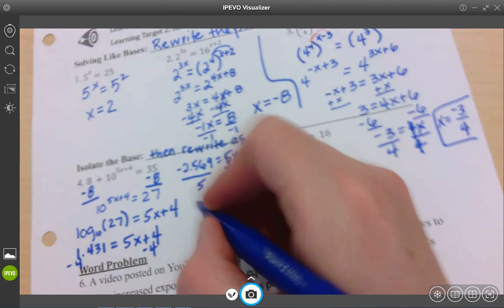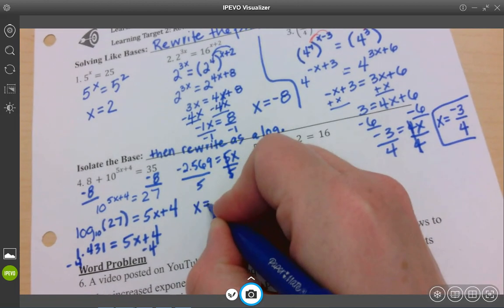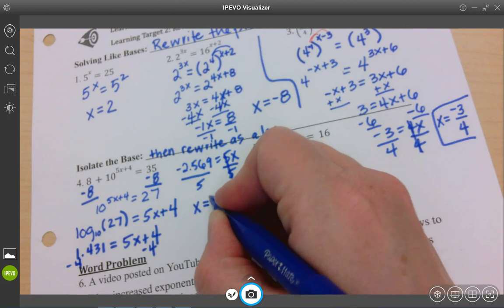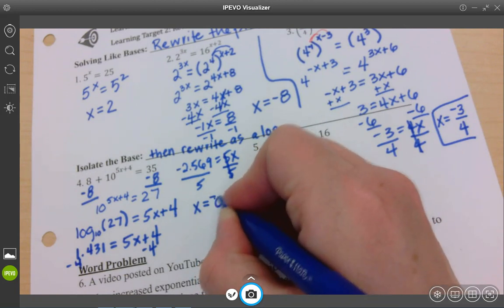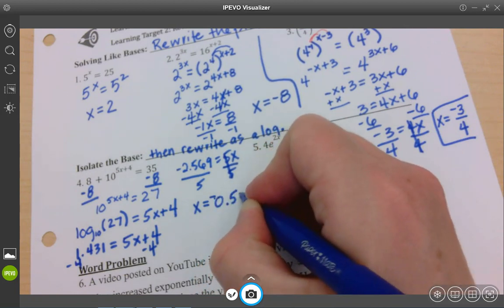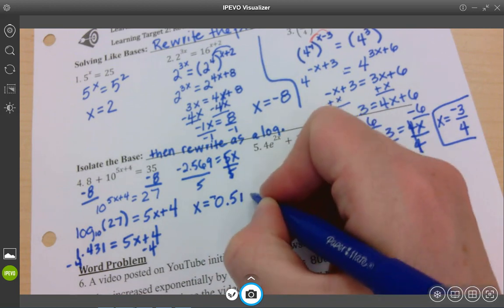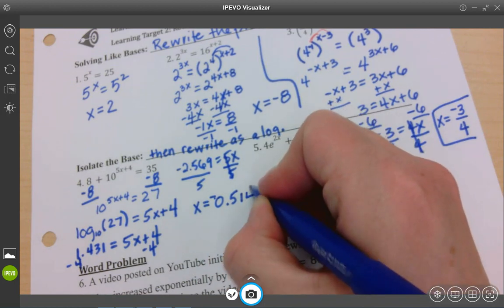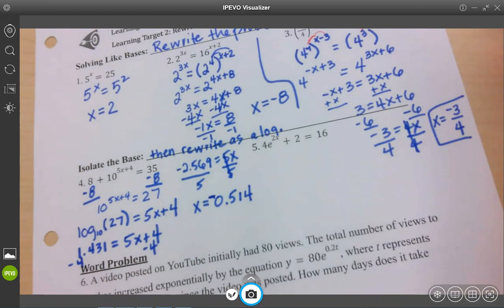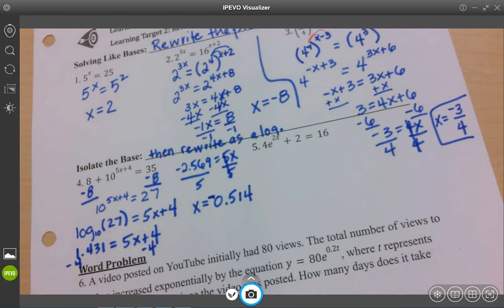So I'm getting an answer. You guys tell me if you get the same answer as me. Negative 0.514. Did you get the same? Sally got the same. Sky got the same. Owen got the same. Good. Okay.